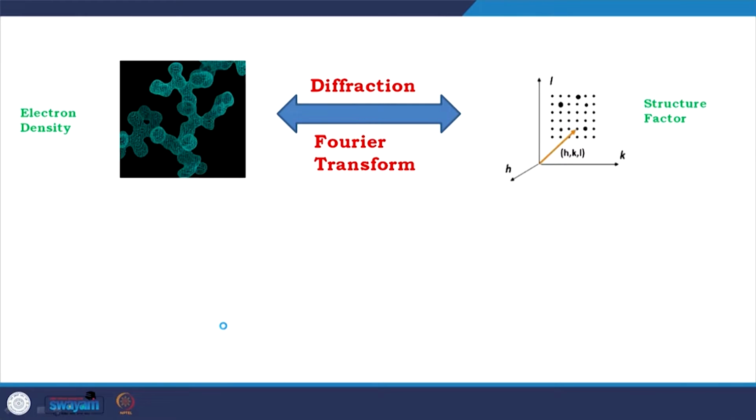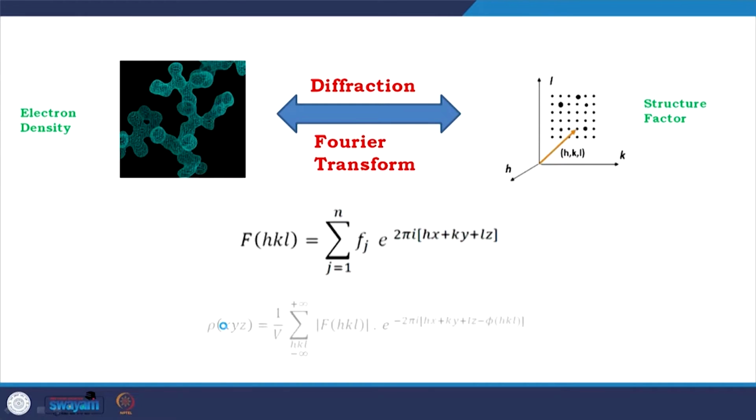Also, the relation of electron density and structure factor, now we know the formula.